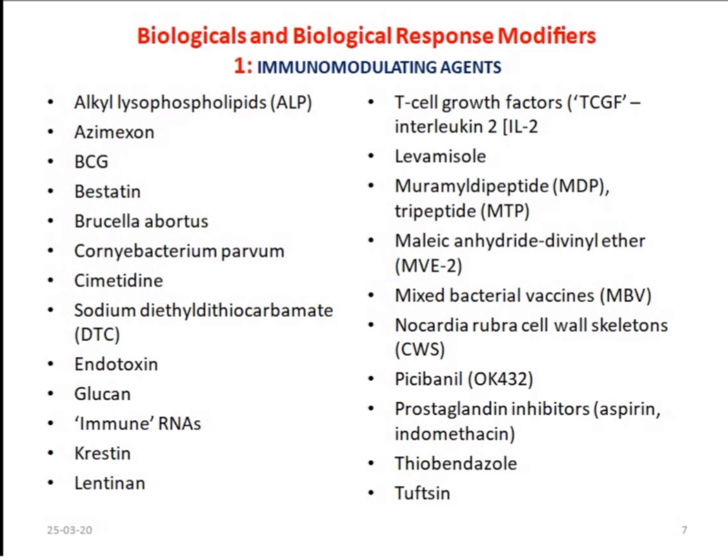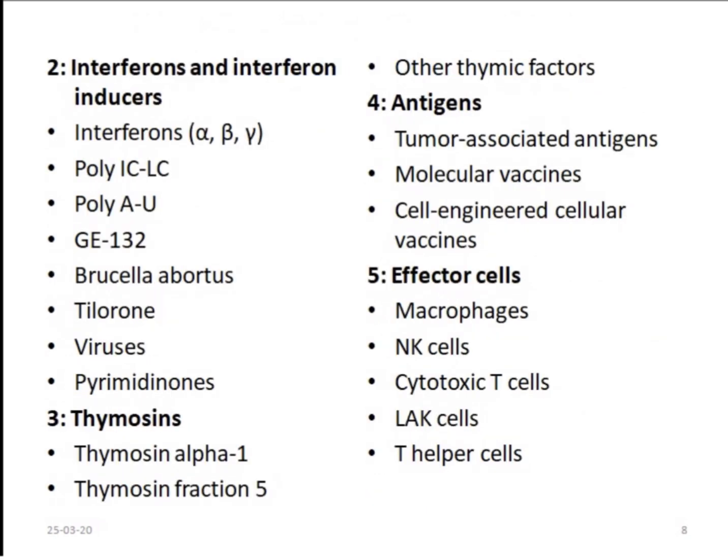There are some endotoxins, some immune RNAs, which may be genetically modified cells. T cell growth factors are there. You can find various examples. Now here, number 2, interferons and interferon inducers. Number 3, thymosins. Number 4, antigens. And number 5, effector cells.